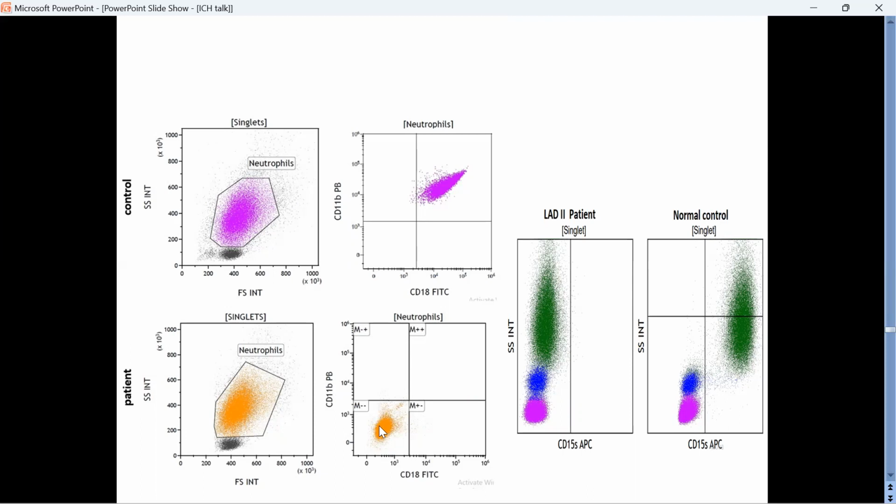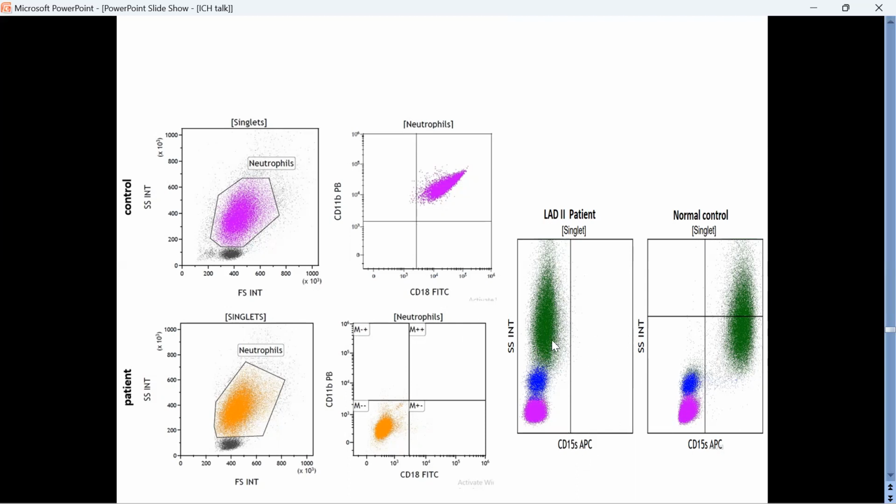Flow cytometry can also diagnose LAD2, that is leukocyte adhesion defect 2, based on this particular marker called CD15s. Of course, this particular plot is not that of this patient. It's a different patient where this is the normal control, where the neutrophils are showing CD15s positivity, which is the Lewis X marker, whereas the patient is showing lack of expression of CD15s.